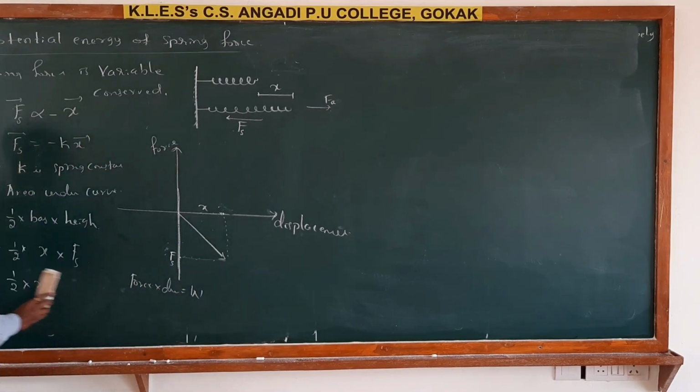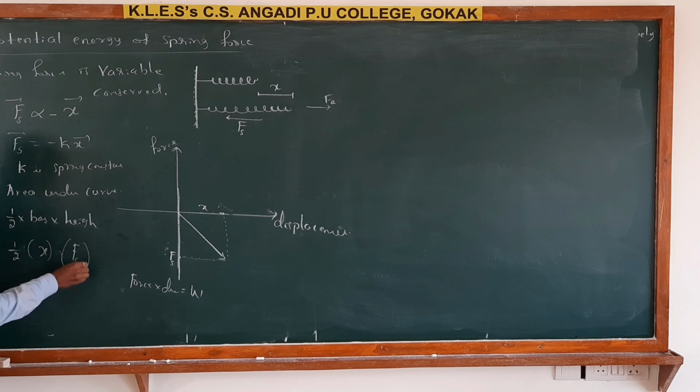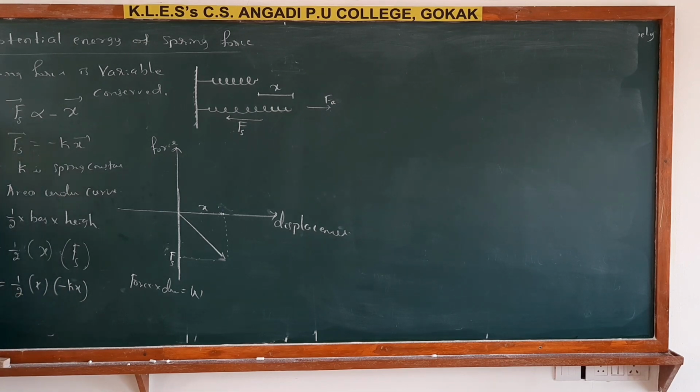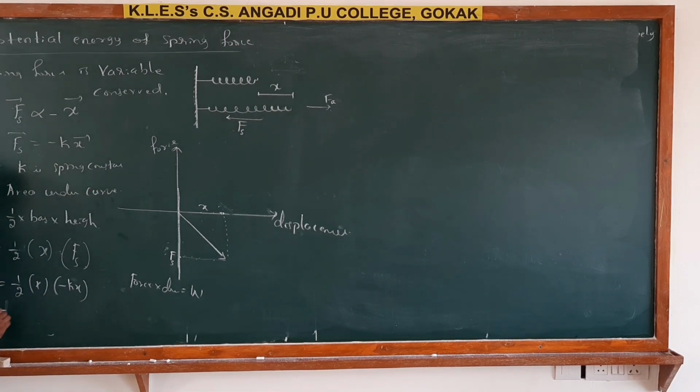So 1/2 into x into Fs, where Fs is minus k into x. Finally, work done is equal to minus half k into x square.